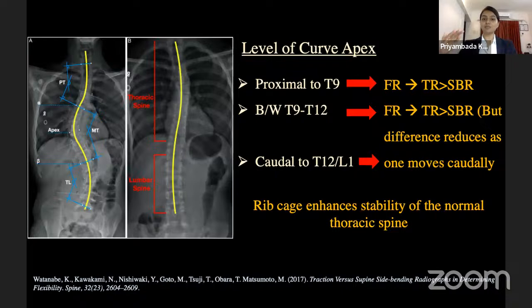If the apex lies proximal to T9, the flexibility rate is much higher for traction radiographs as compared to side bending radiographs. As we move caudally, the flexibility rate is still higher for the traction X-rays, but the difference between both values starts to reduce as the apex of the curve moves caudally towards T12 to L1. This is primarily explained by the fact that the rib cage plays an important role in enhancing the stability of the normal thoracic spine.